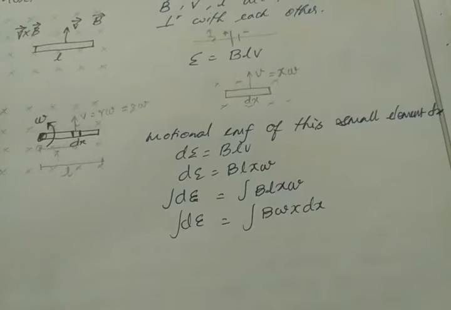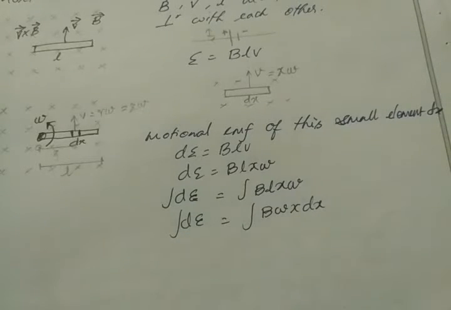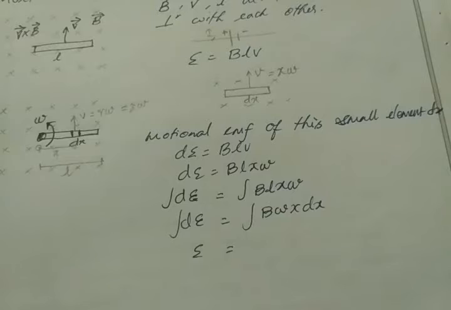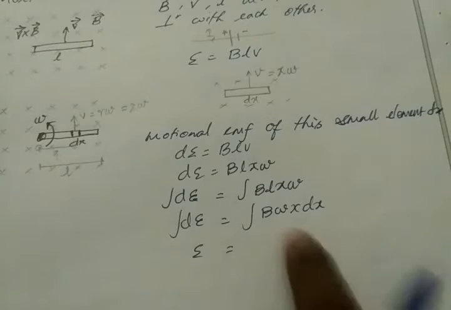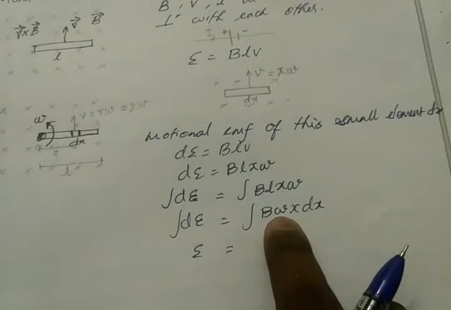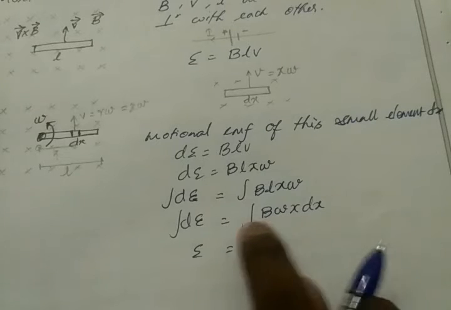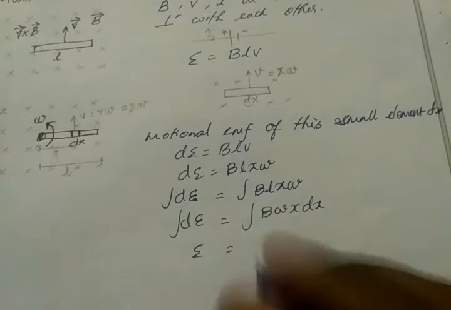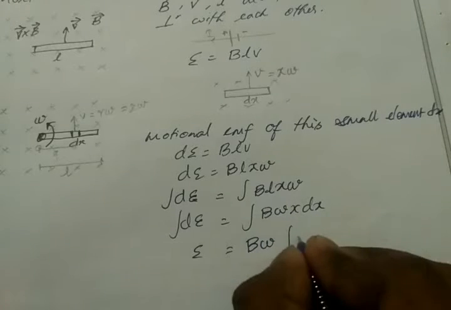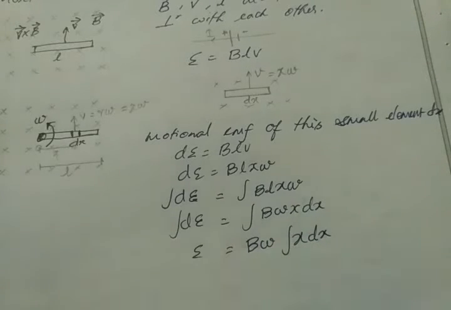If I integrate dE, I get the EMF E. Here, what is constant? The magnetic field is constant, and the rod is also rotating with constant angular velocity omega. So I take these two terms outside the integration: B omega times the integration of x dx.